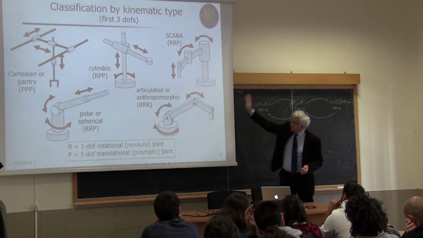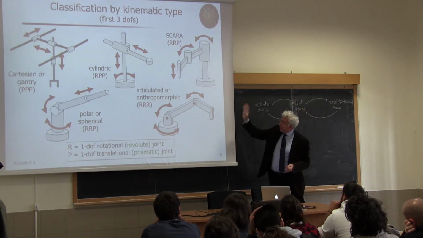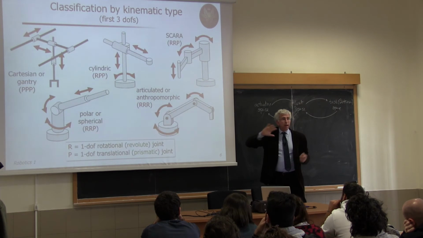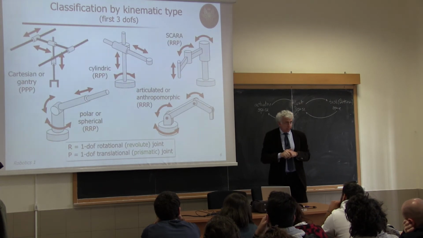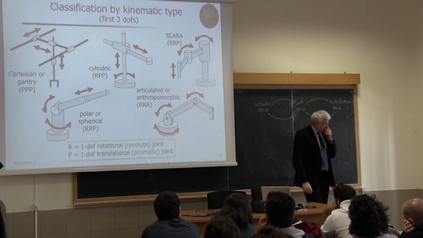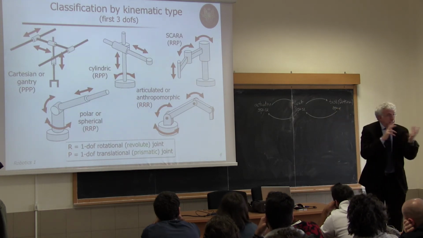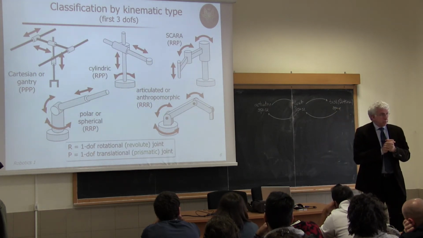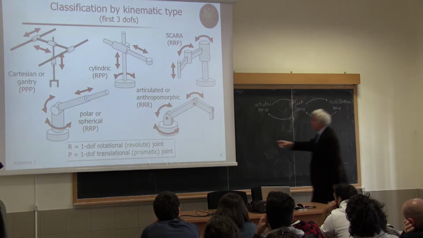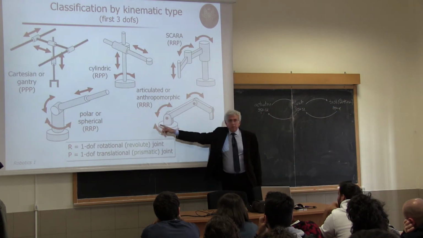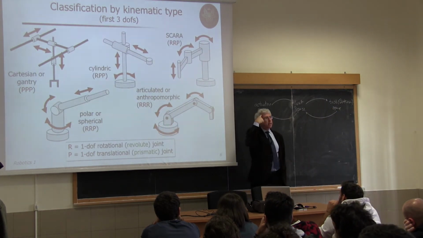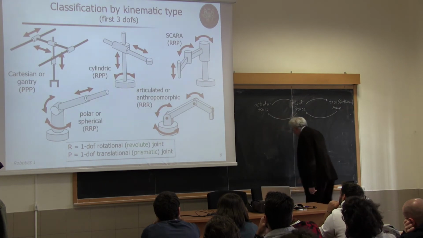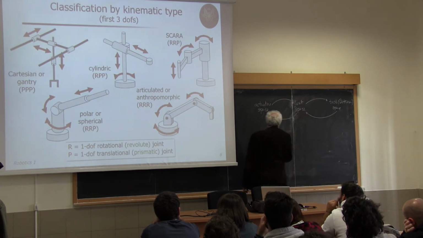So we have seen that we can classify the joints, but it's also important to look at how the axes of rotation or translation are placed in space with respect to each other. For instance, if I say just R, R, R, I cannot say that this is the arm that I'm thinking of, because this could be also a robot like this.